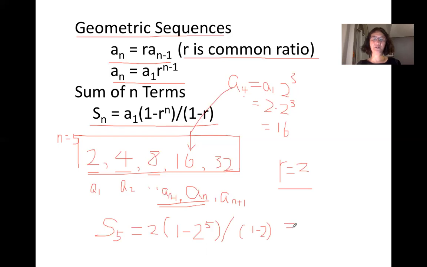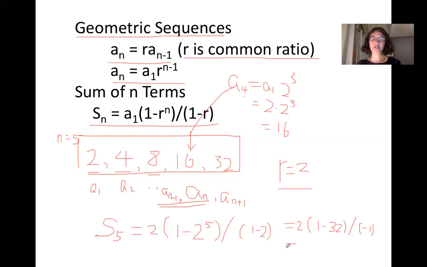So this equals 2 multiplied by 1 minus 2 raised to the power 5, which is 32, divided by negative 1.